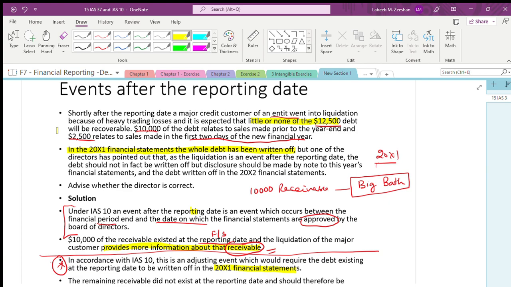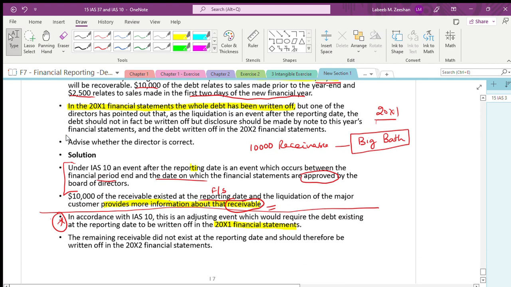If we want to write off the debt, we have to get sufficient evidence on that. And when we are talking in terms of amounts, how much is there? It is 15,000.